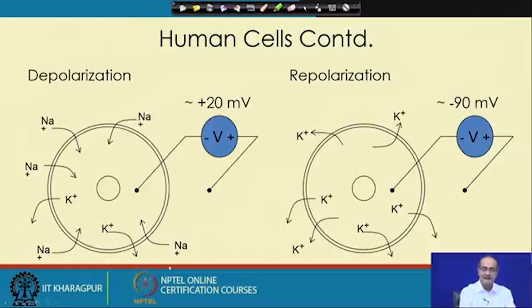The cell membrane suddenly becomes sensitive to the sodium ion, and starts allowing them to come inside. That happens naturally by diffusion, because the sodium ion concentration outside is much more than inside.